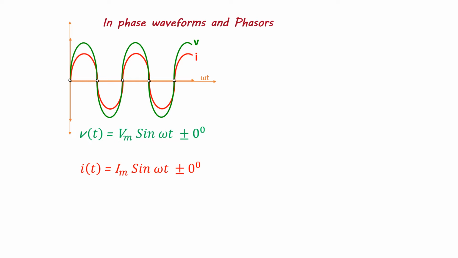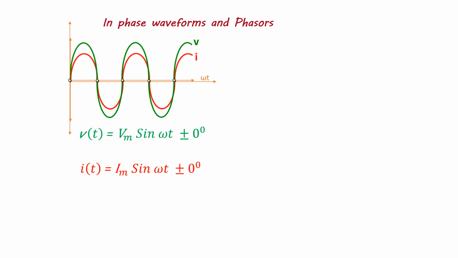Both are reaching their positive maximum values at 90 degrees. Together, their values are decreasing, reaching 0 at the same time, moving towards negative values, reaching their negative maximums at the same instant, and then after one cycle, both are reaching 0 together.